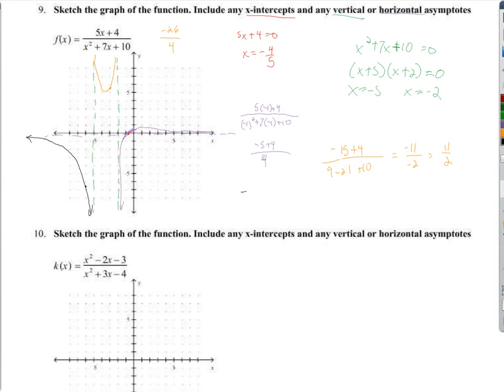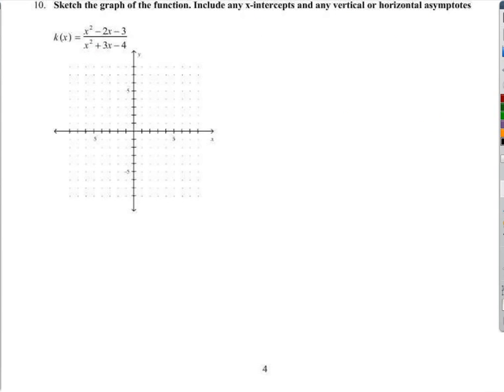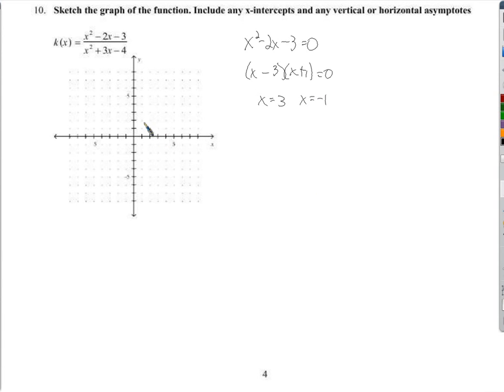All right. Last graph. X-intercepts. So we'll set the numerator equal to 0. X minus 3, x plus 1, equals 0. So x equals 3 and x equals negative 1. 3, negative 1.